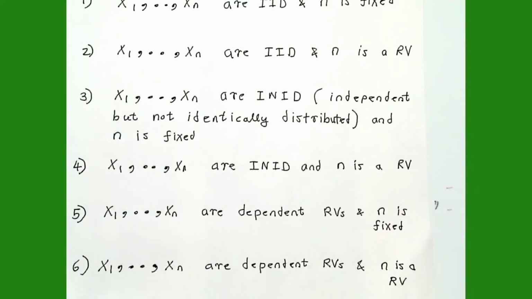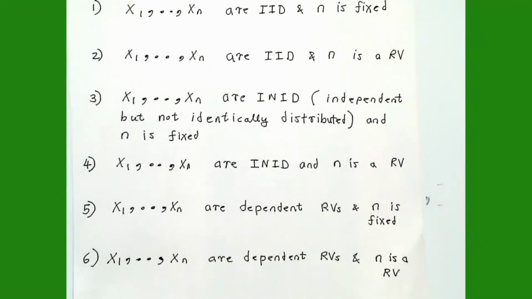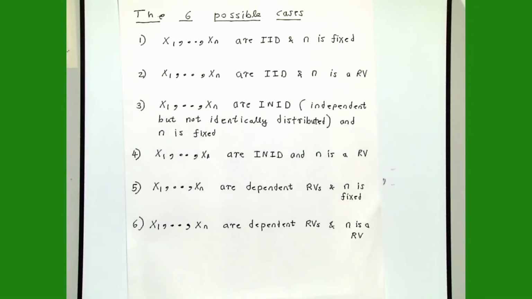So these are the 6 possible cases that could arise in practice.